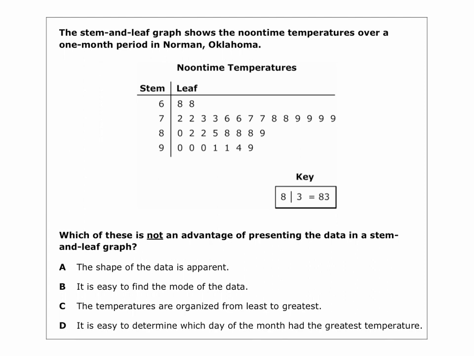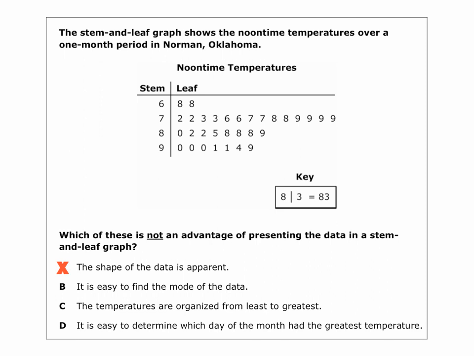It's important, they like to use the word not on here. It says which of these is not an advantage. Because the shape of the data is apparent would be an advantage, A cannot be my answer. B says it is easy to find the mode of the data. Remember, the mode is the one that appears most often.